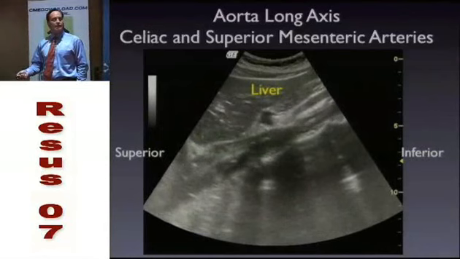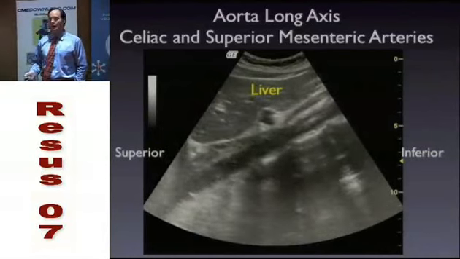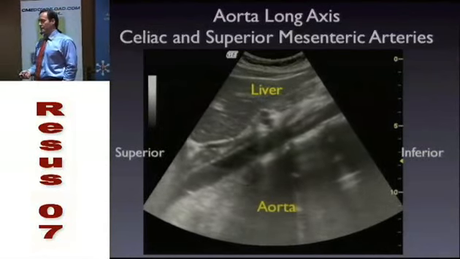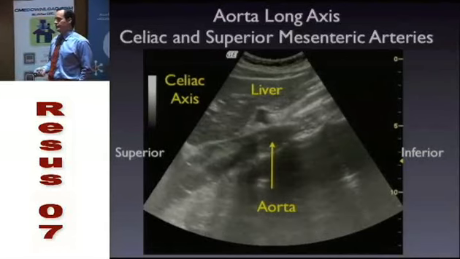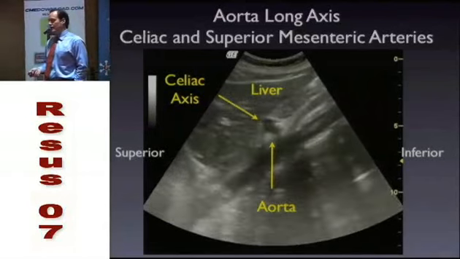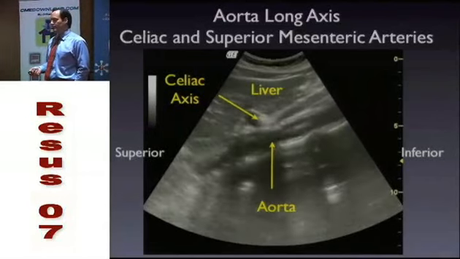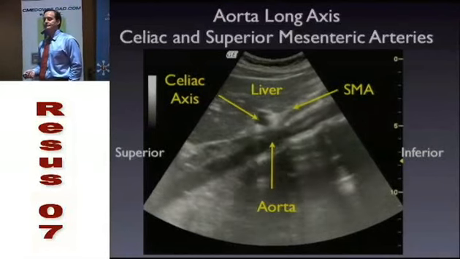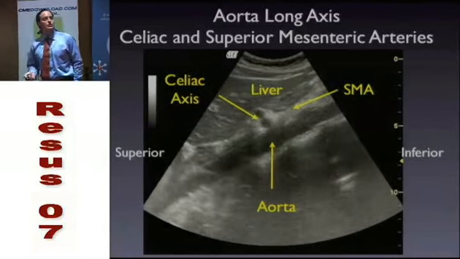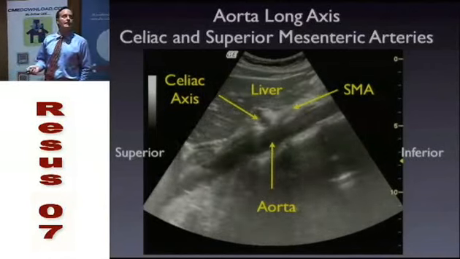And you're going to see there's the liver coming right here on the top. And you're going to see a couple of the branches. There's the aorta, the tubular pulsatile structure there. And notice we have the celiac axis coming back. It's actually going to be pointing kind of superior. And then we can actually see here the superior mesenteric artery going south. Okay, so short axis and long axis.